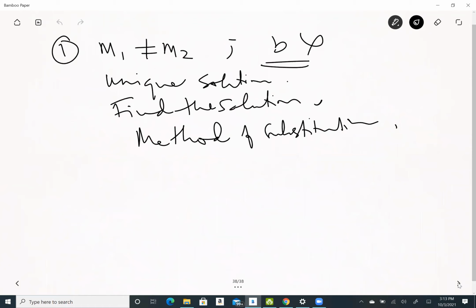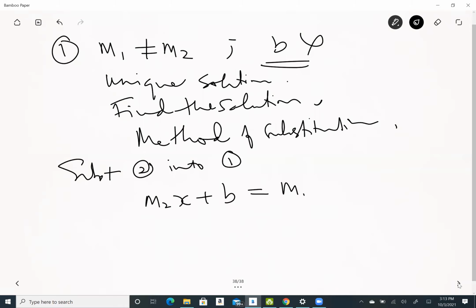Let us substitute 2 into 1. So what do I get? m2x plus b2 equal to m1x plus b1. Now you bring the x terms to one side. So you got m2.